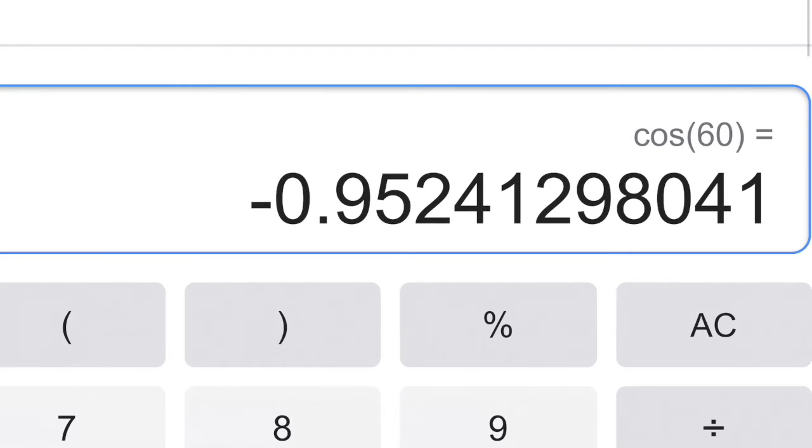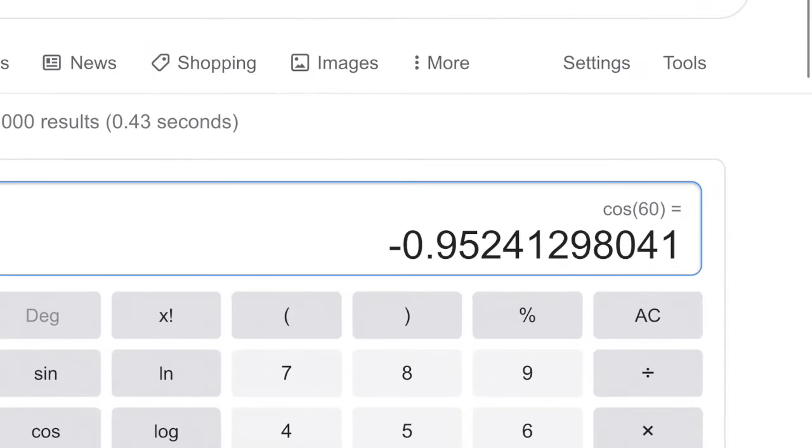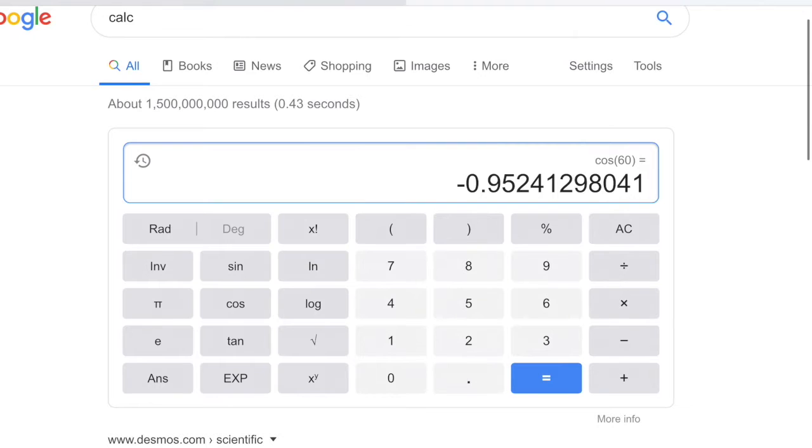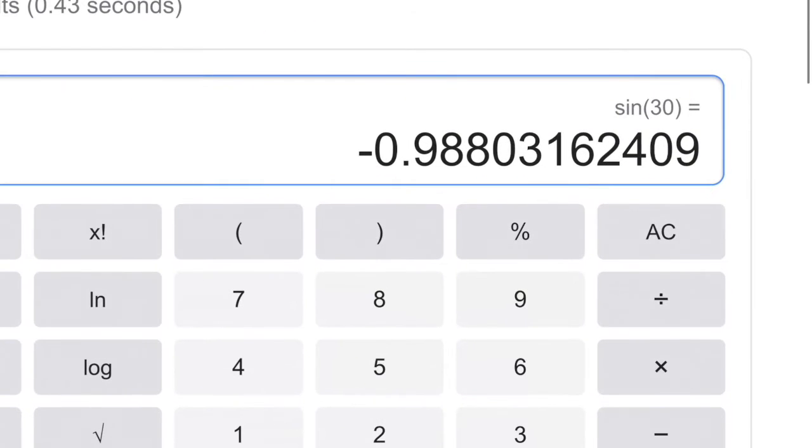The sine of 30 was negative 0.98, and the cosine of 60 was negative 0.95. They were different. If you do two numbers that add up to 90, they need to be the same number, and these weren't. So we can tell that we're in the wrong mode.